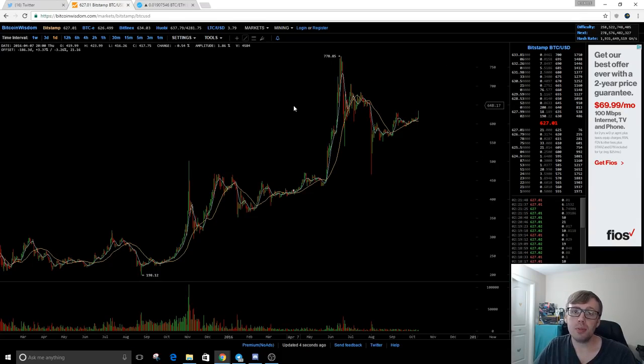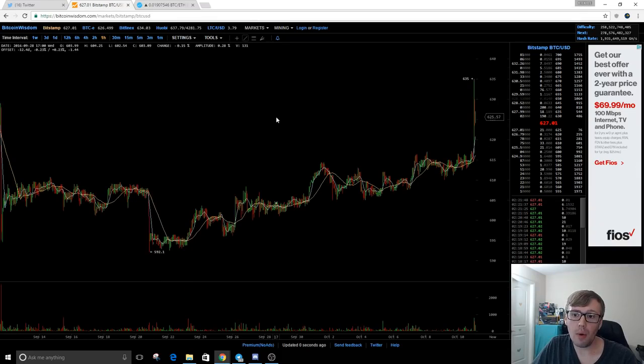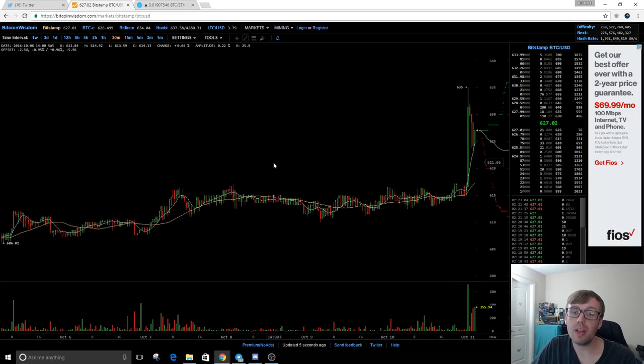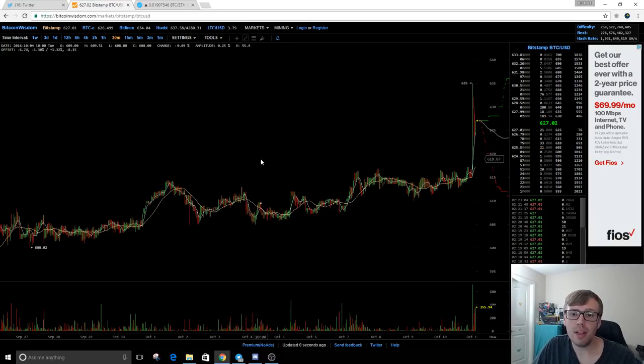What I like to use personally is the 1 hour, and you can trade interweekly, or you can go to the 30-minute chart and trade intraday. It just depends on what type of situation you're in at the time. And yeah, that pretty much concludes candlesticks. This is going to be part 1 of charting basics.